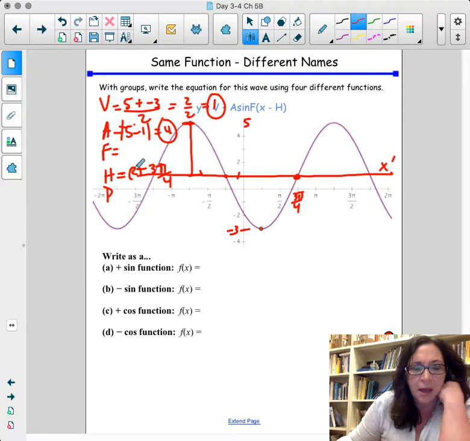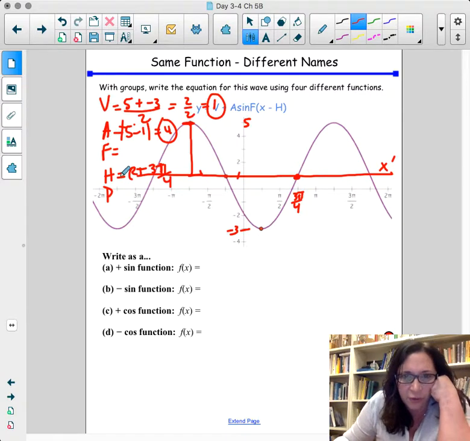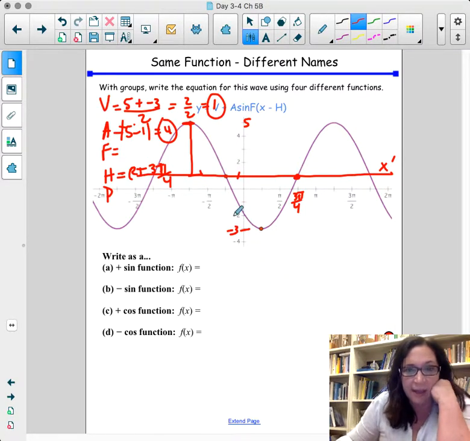Okay, my period. Now, this is the tricky part. I need either high to high or low to low, or I need a half. Let's go from high to high. So here we are at a high point, and where am I?